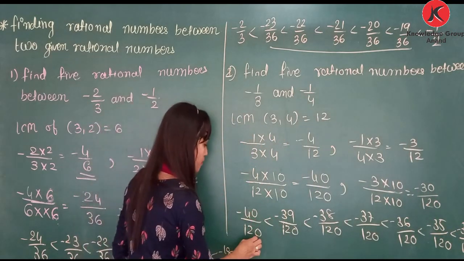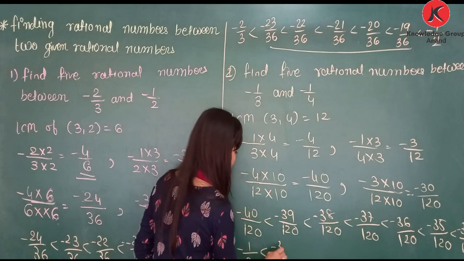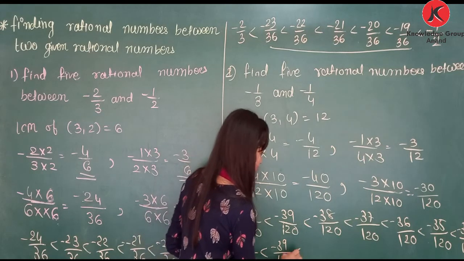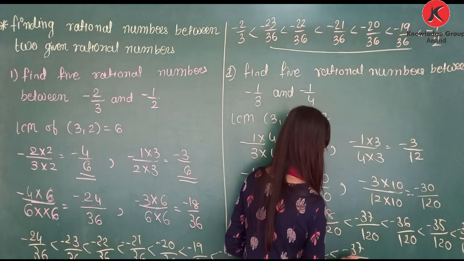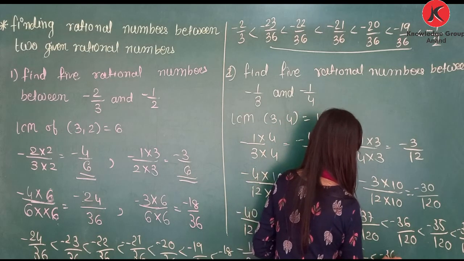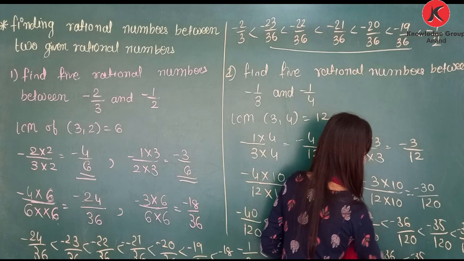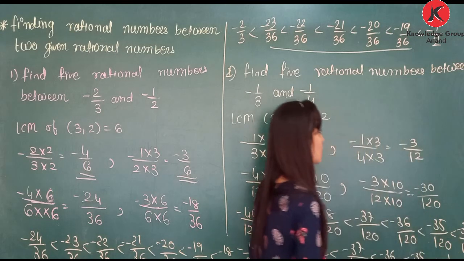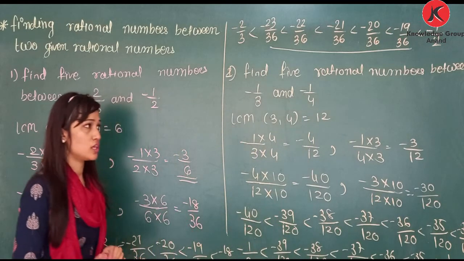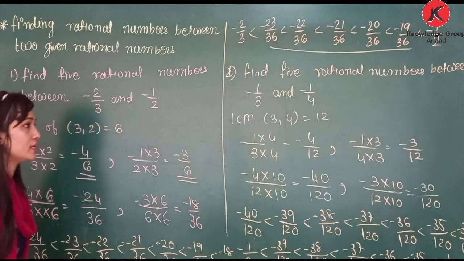So minus 40 by 120 is nothing but minus 1 by 3, and minus 30 by 120 is nothing but minus 1 by 4. So this way we can find rational numbers between two rational numbers. We can continue this topic in the next lecture.